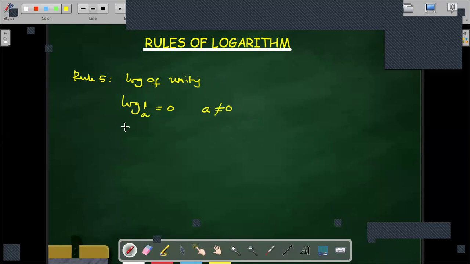For example, logarithm of 1 to base 5 is going to give us 0. Also, 1 can be written as 5 to the power of 0, from the laws of indices.